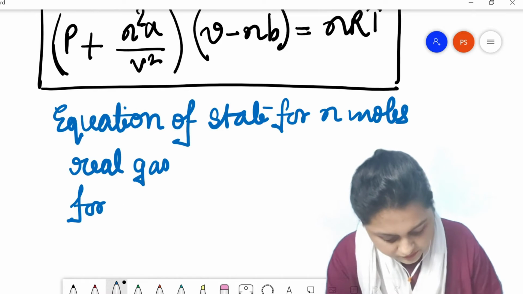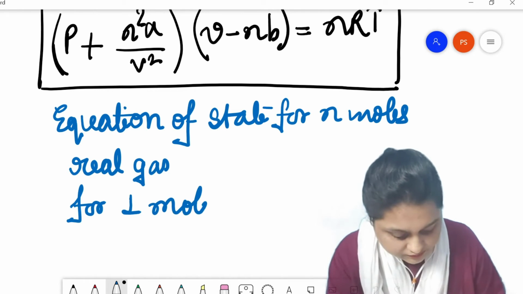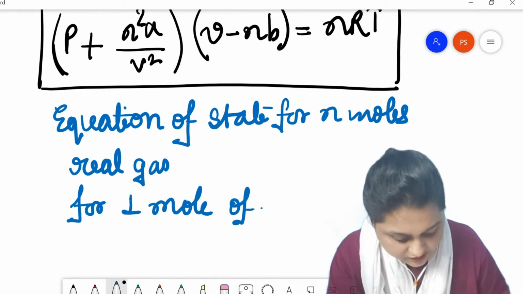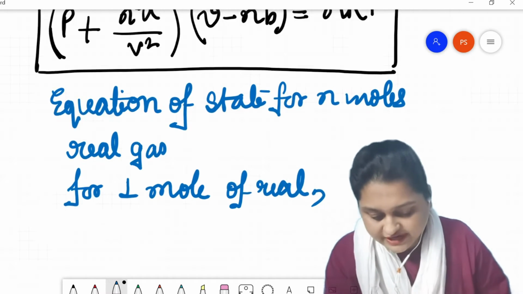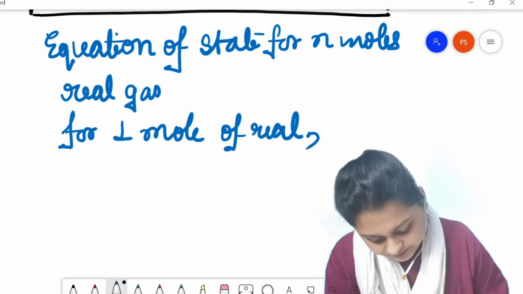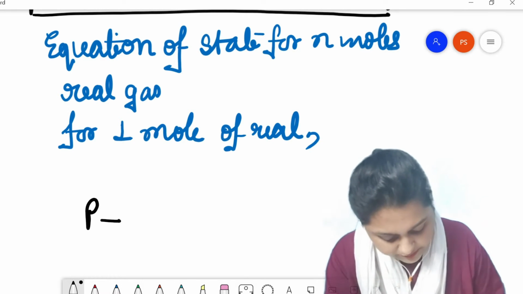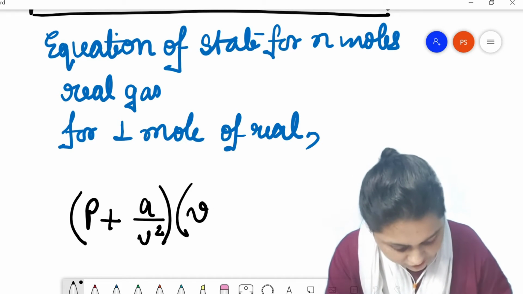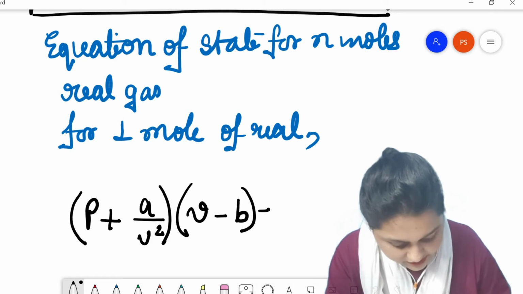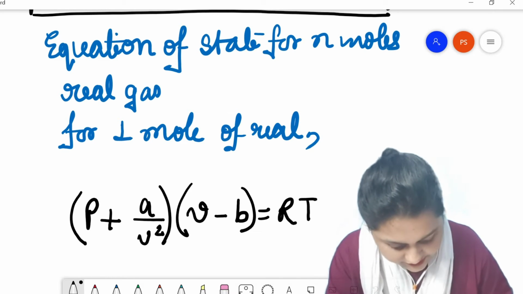For 1 mole of real gas, this equation of state becomes (P + a/V²)(V − b) = RT.